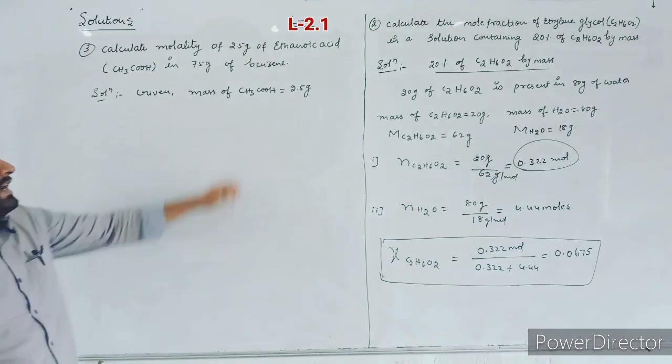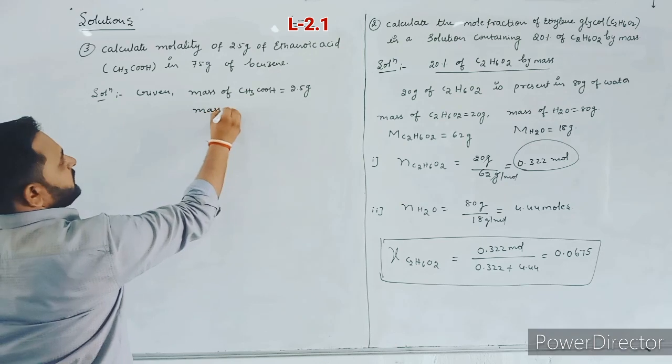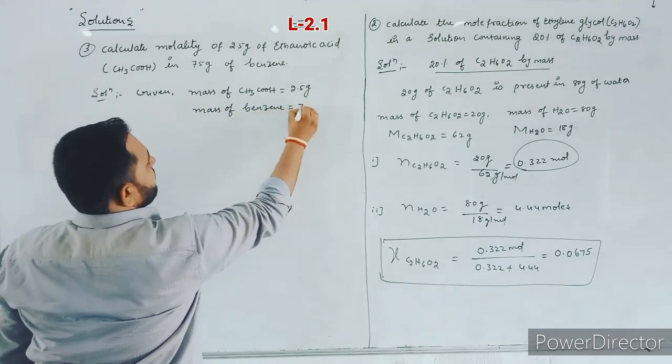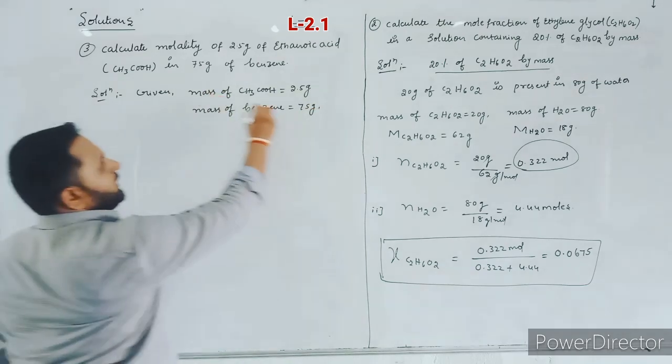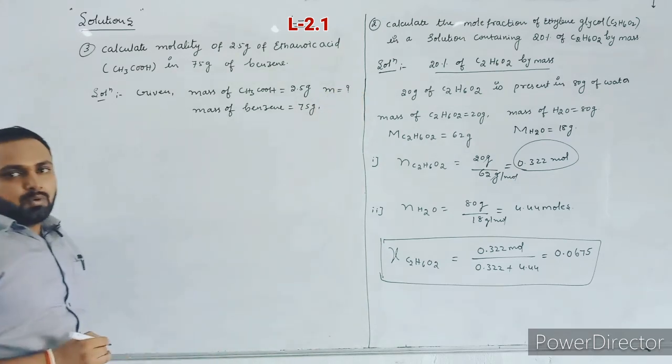The mass of benzene is also given, 75 grams. Here they are asking to calculate the molality. Molality, small m, is equal to question mark.